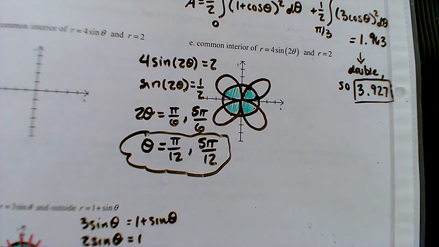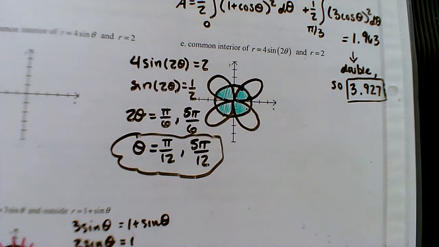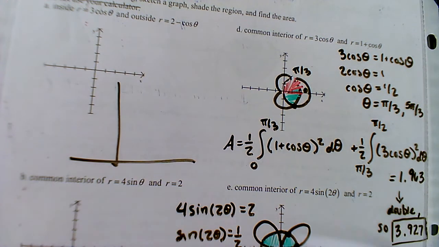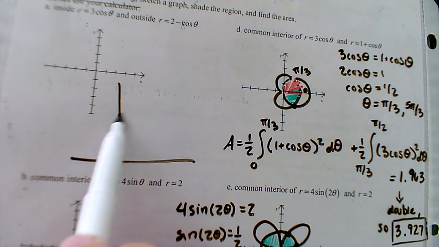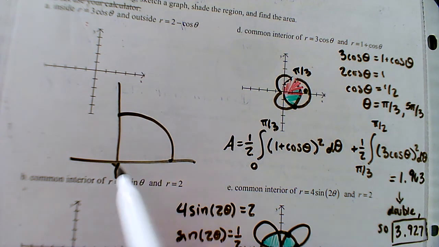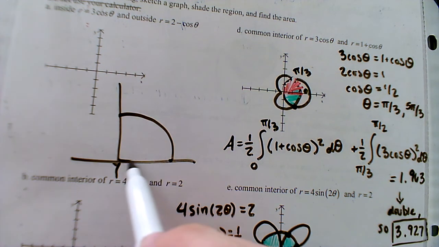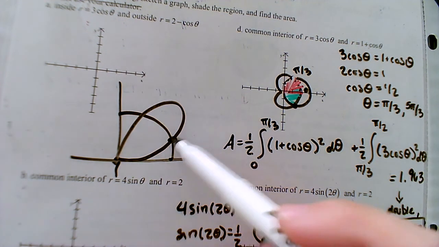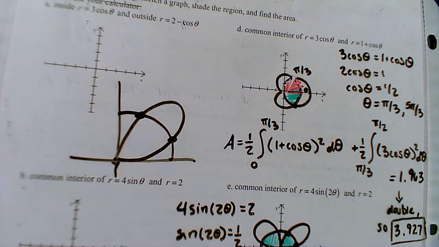So it might be a little hard to visualize just because of how small we drew this, but I'm going to go ahead and draw it a little bit bigger just so we can see this. If we're looking at the first quadrant and we have the semicircle or the circular part, and then we have the petal, something like that. And remember, those are our intersection points.